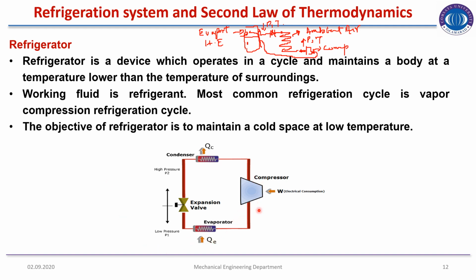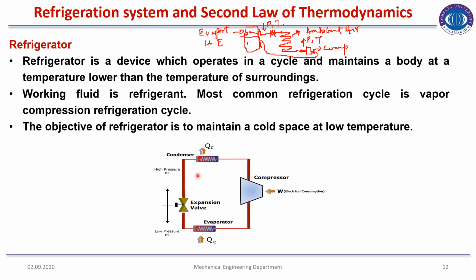At the compressor inlet, the temperature is moderate and the pressure is low, so the compressor will increase the pressure as well as the temperature. These are the condenser coils I have shown here, so they will reject heat into the ambient air.